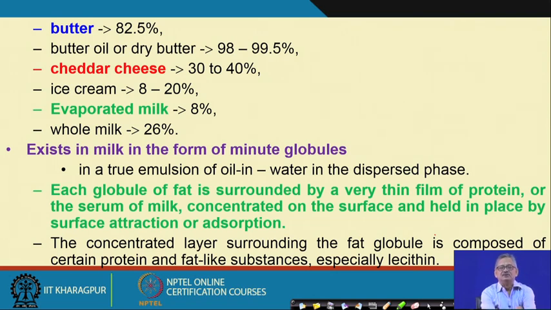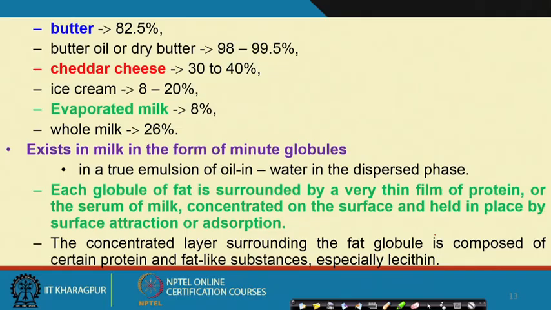This is by the by, as an accessory we are saying, that the difference between butter and butter oil is that fat is solid at room temperature and oil is liquid at room temperature. So, there are many other formulation percentages of fat present in many other milk products.